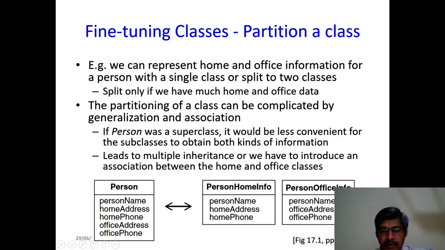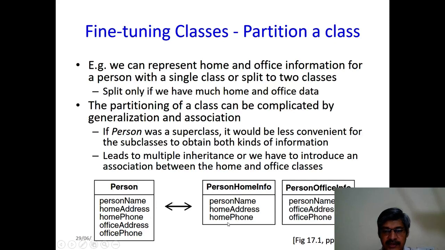But remember one thing: by partitioning a class, we are complicating a lot of things. For example, the generalizations it currently has, and all the associations it currently has in the design model will really become complex. Assume a case where the person is a superclass, and there are several subclasses extending this person class.